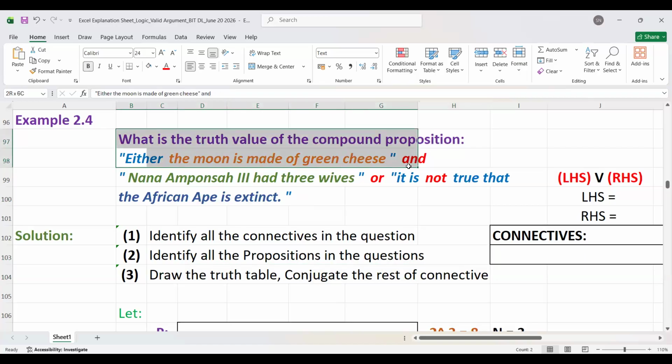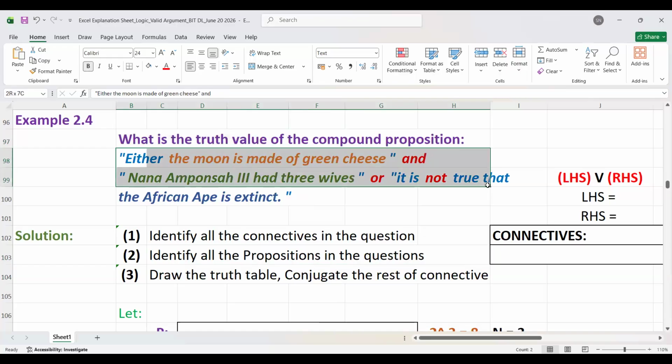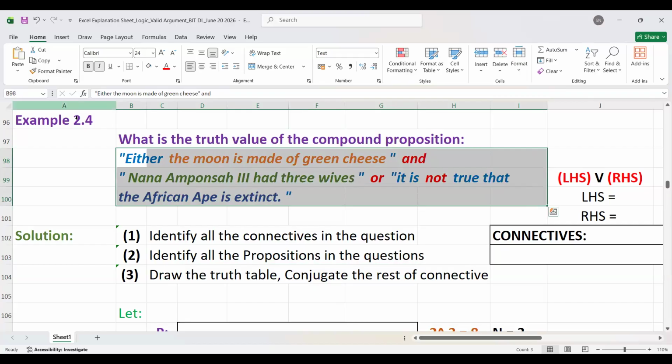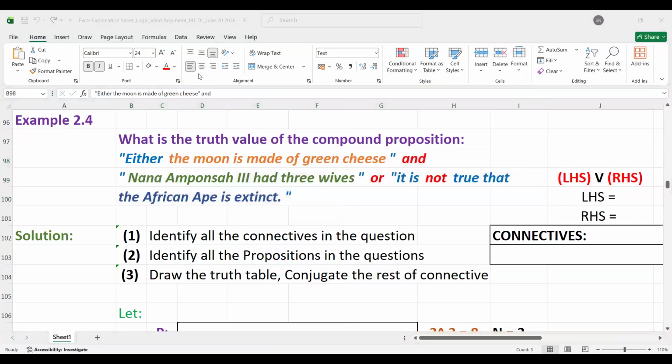So from this problem, what is the truth value of the compound proposition? Either the moon is made of green cheese and Nana Aponsa had 3 wives, or it's not true that the African ape is extinct. What are the connectives here? So Hakim, when I'm doing this, I'll go over the negation connective, if that is what you were not able to see. What are the English words that are connectives in this problem?